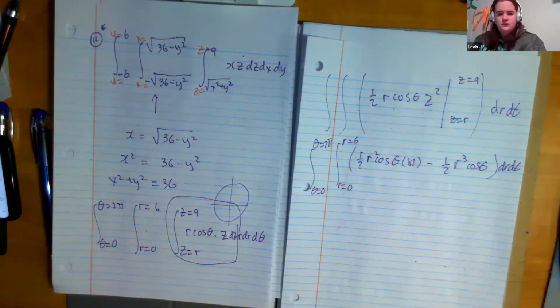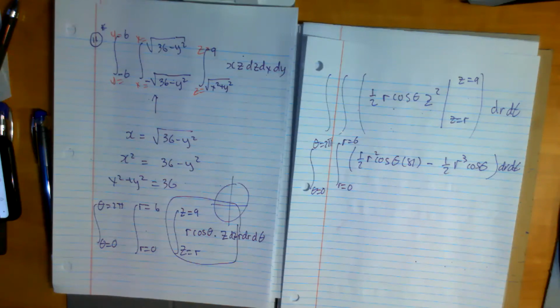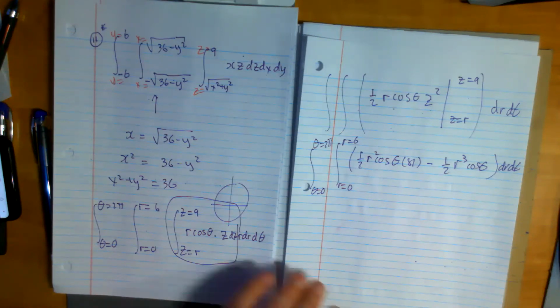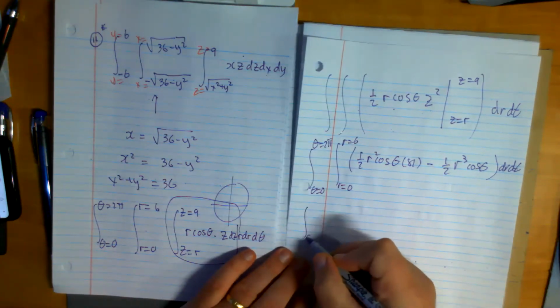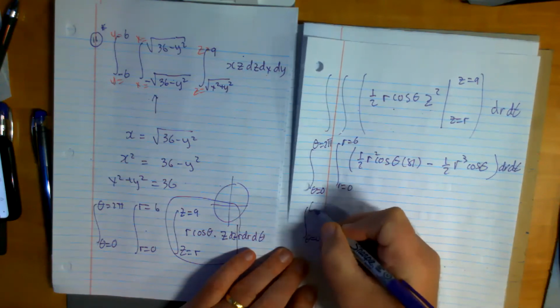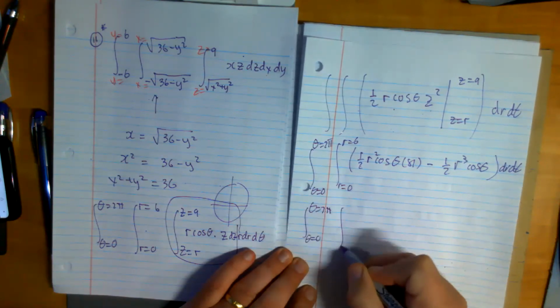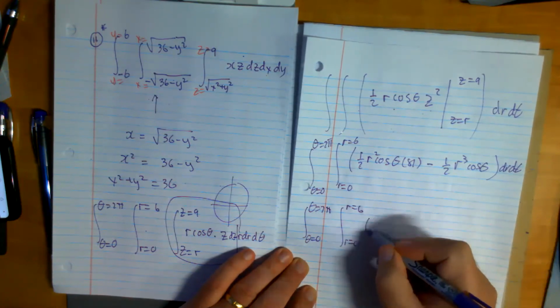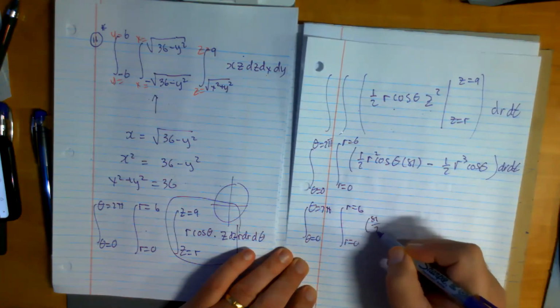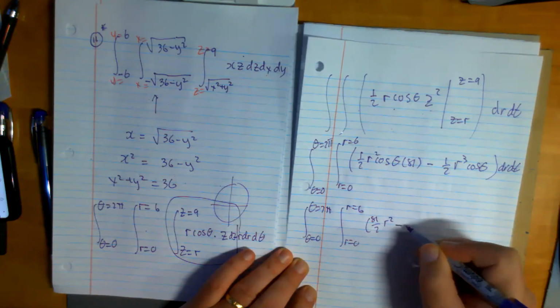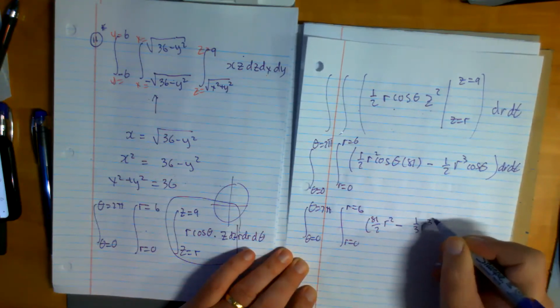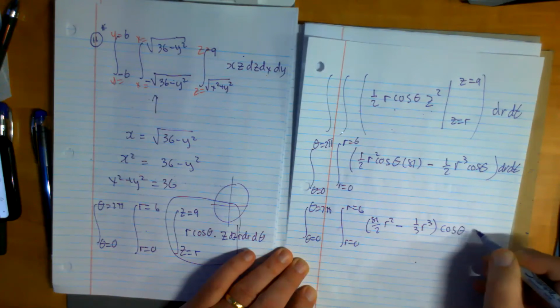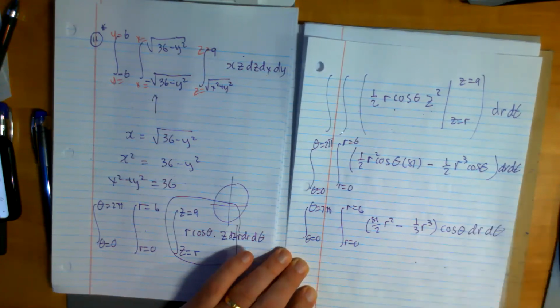Okay. I'm looking at this darn thing and I'm trying to see if there's anything I can do to make life easy, and I'm going to have a shot at this. I guess after I write this, I'll figure out if it was worthwhile or not. I'm going to pull out a cos theta.